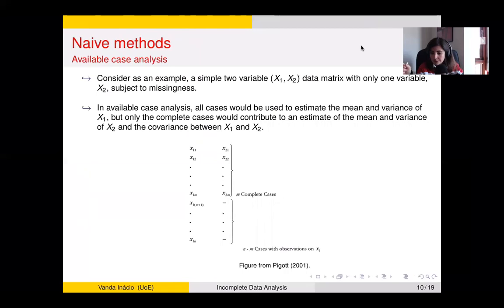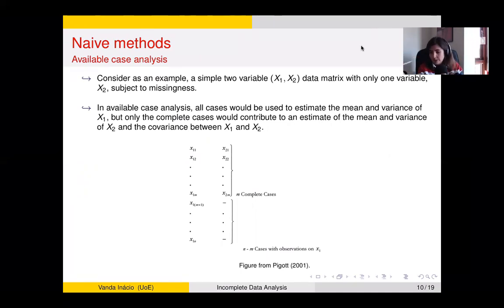So let us put ourselves in this context, the calculation of correlation and covariance matrices. As a toy example, suppose that we have two variables, x1 and x2, and that x2 is subject to missingness while x1 is always observed.